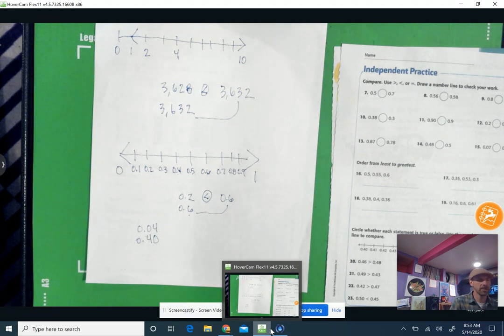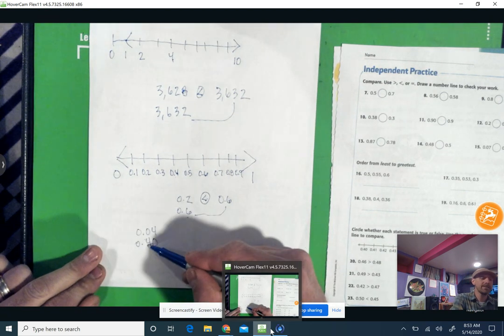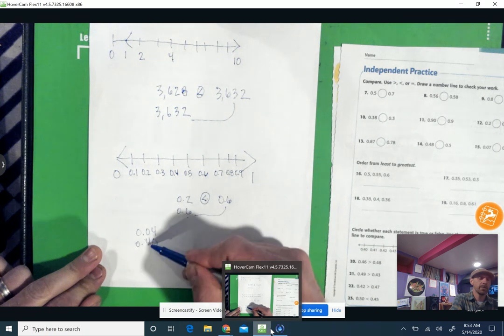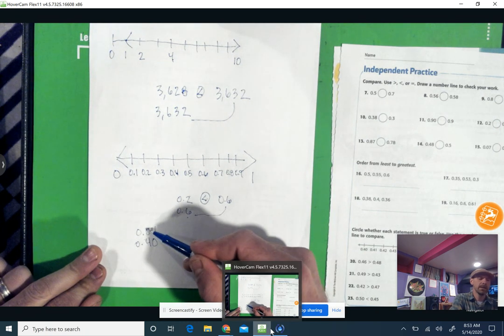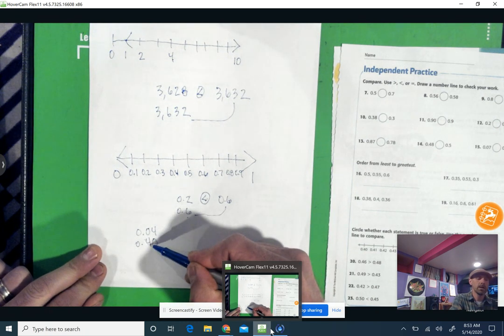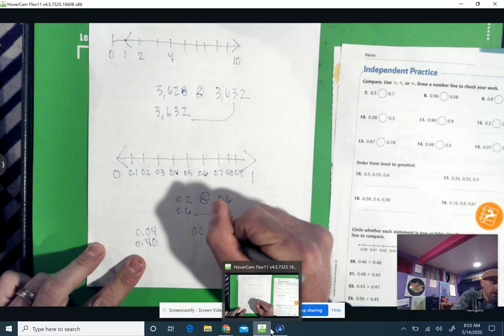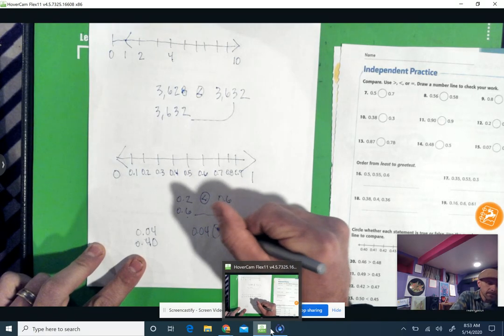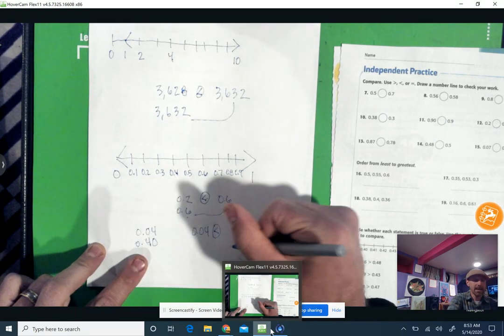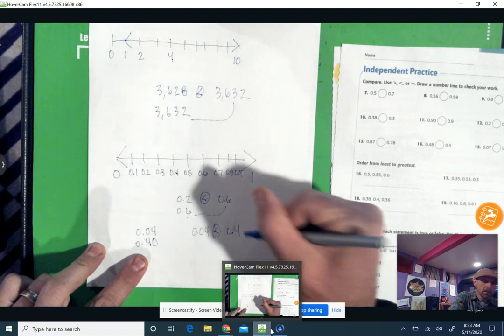40/100. So in comparing these numbers, we're going to use the tenths place. Because there's a 0 in the tenths place in 4/100 and a 4 in the tenths place in 4/10, 4/100 is less than 4/10.